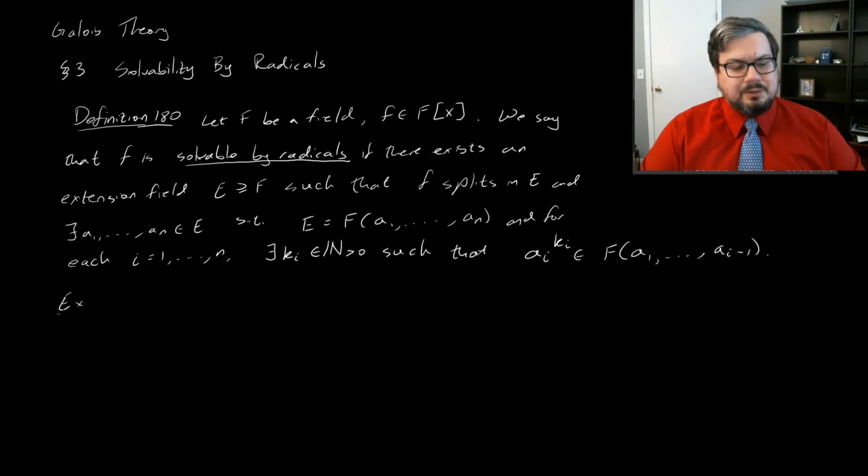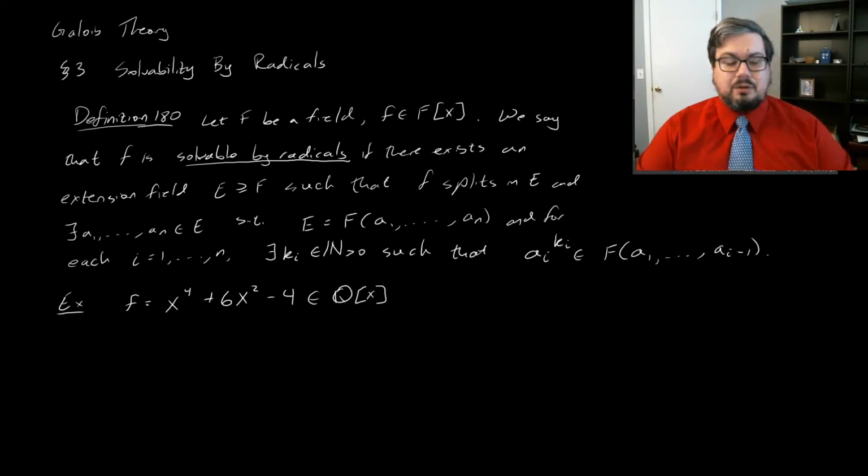So, for example, we can look at the polynomial f, which is x to the 4th plus 6x squared minus 4, which is contained in the polynomial ring over the rationals.